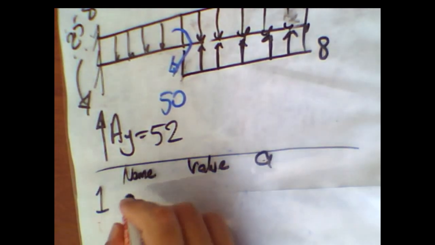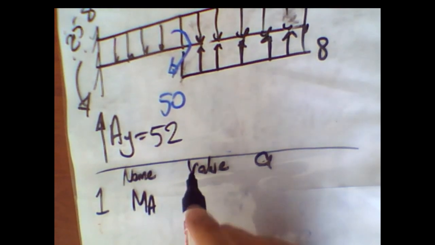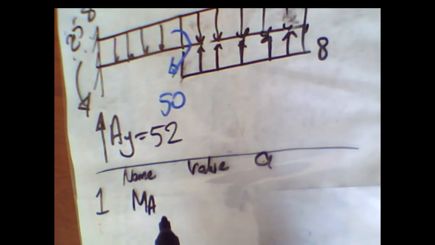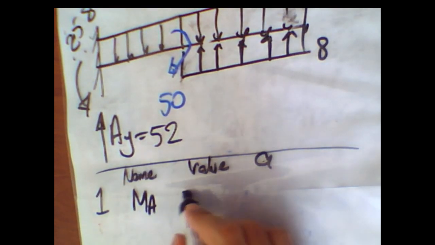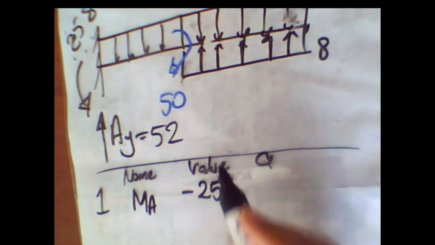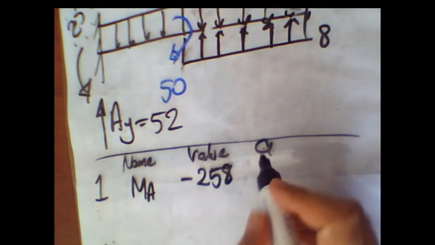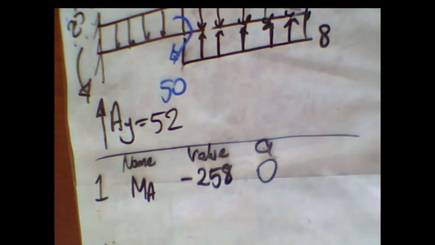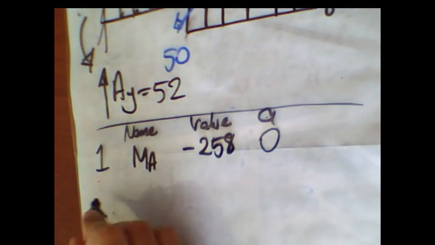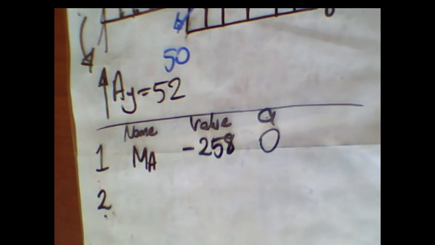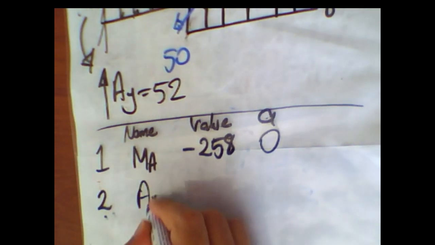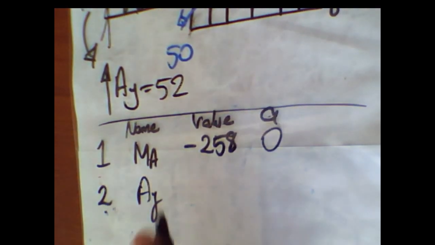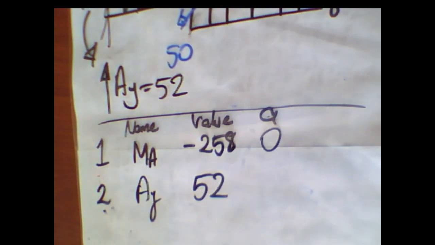The name is the moment A. The value is, I write counterclockwise, therefore I have to write the minus, and the value is minus 258. Location is the initial point, therefore A is equal to 0. The second one is AY, which is upward, therefore its value is positive, and the location is equal to 0.